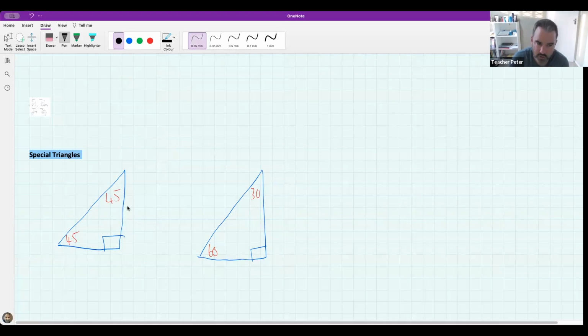All you need to do is memorize these triangles. So 45, that's going to be a 1, a 1, and a root 2. For this special triangle, this is going to be a 1, a 2, and a root 3. Give me a thumbs up if you have seen these special triangles before.